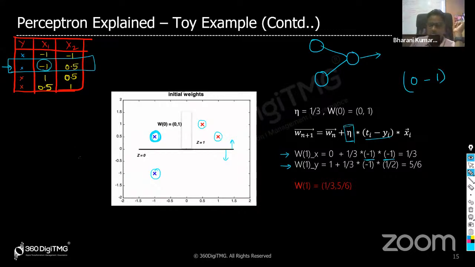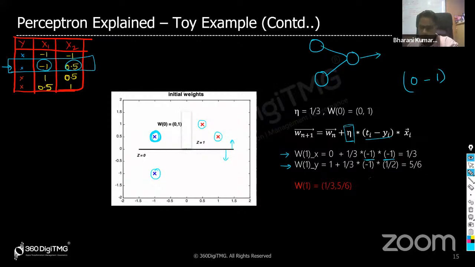So for this, it will be 1 by 3. What about this? The new weight equals the old weight, which is 1, plus eta value 1 by 3 into actual value minus predicted. Actually, it is 0, Z equal to 0. But since it's falling above, it will be classified as 1.